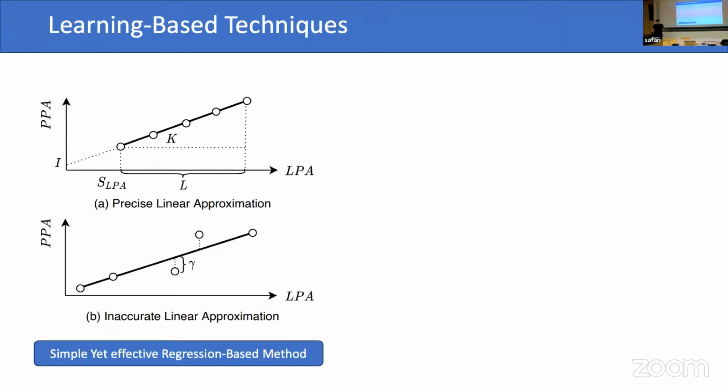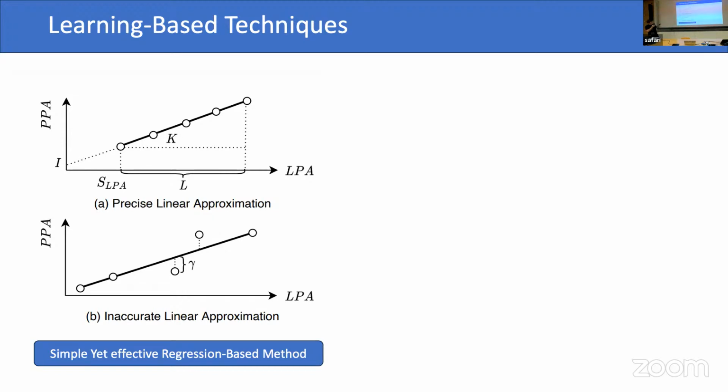For everyone who isn't familiar with linear regression, in this slide we have two kinds of linear regression. First of all, we have the precise linear approximation, which in this case is basically a segment that passes over every point in its bound.